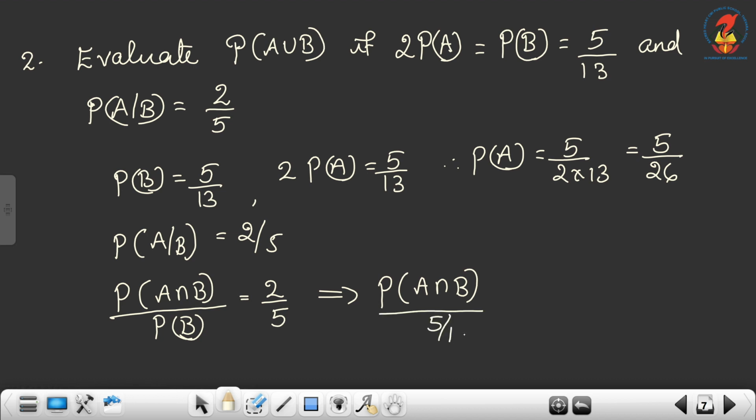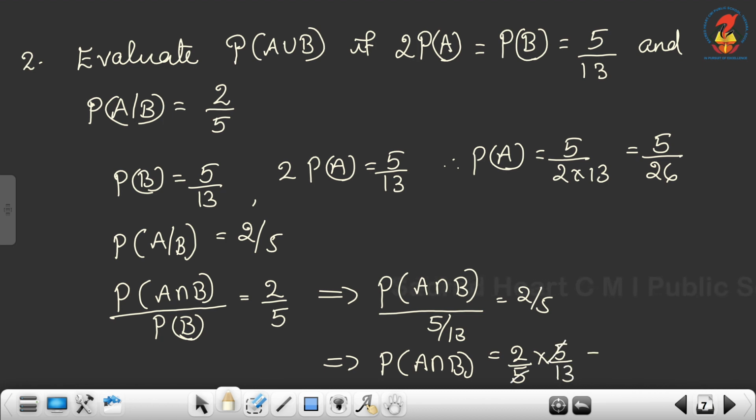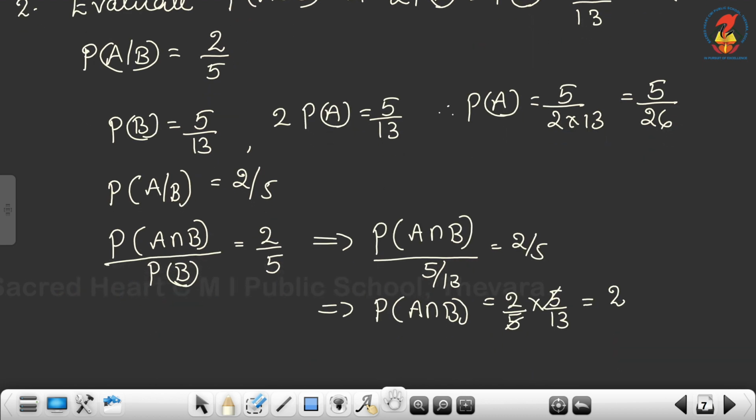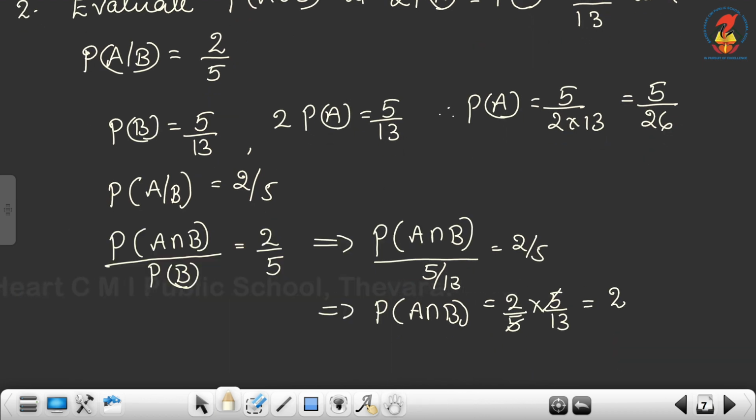So P(A intersection B) is equal to 2 by 5 into 5 by 13. So it is 2 by 13.